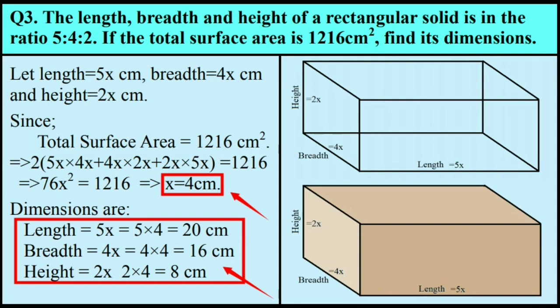This ratio factor x equal to 4 centimeter is used to find the length, breadth and height of the rectangular solid, and the length, breadth and height obtained are 20 centimeter, 16 centimeter and 8 centimeter respectively.